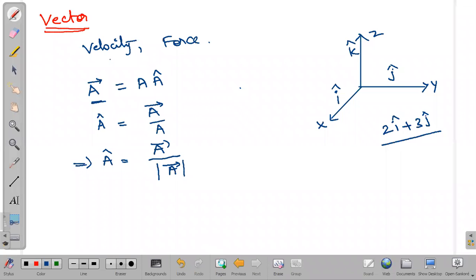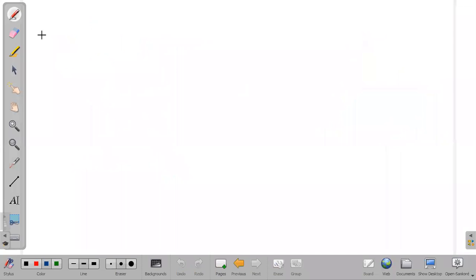Here, multiplication of vectors is of two types. I will mention both of them and we will go with one. So here, vectors can be multiplied in two ways. When I multiply two vectors, the resultant is a vector quantity, or the resultant is a scalar quantity.